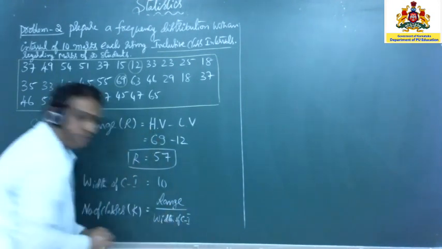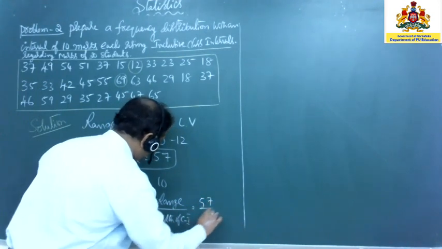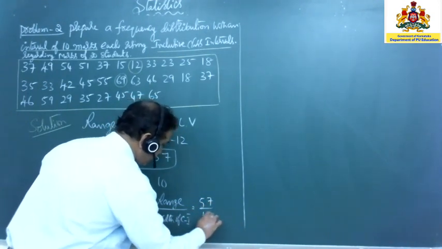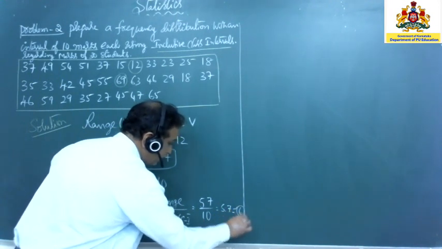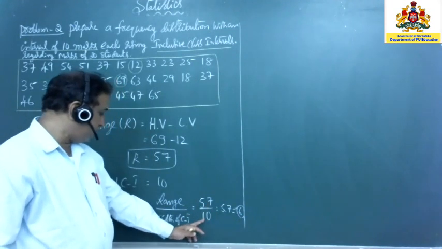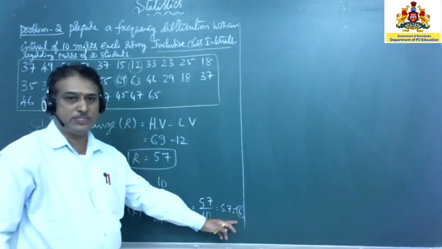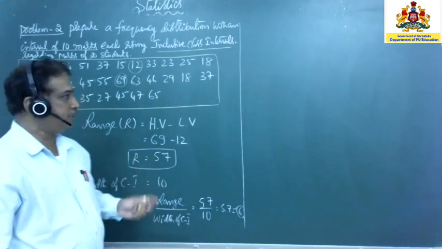Range is equal to 57, width is 10. 57 by 10 is nothing but 5.7. It is closer to 6. You may get the number of classes as 6.